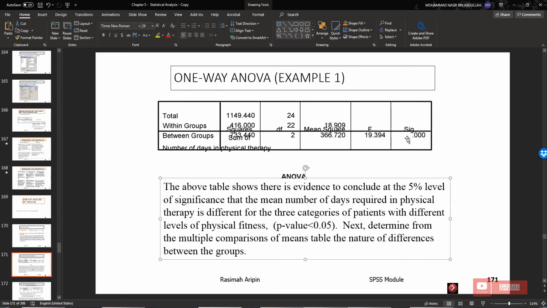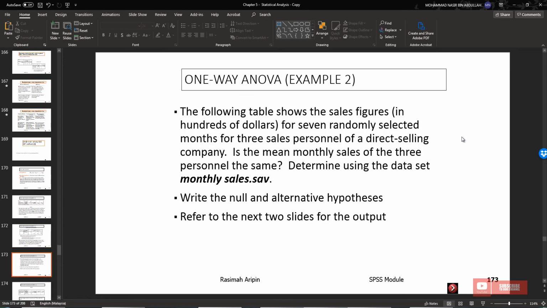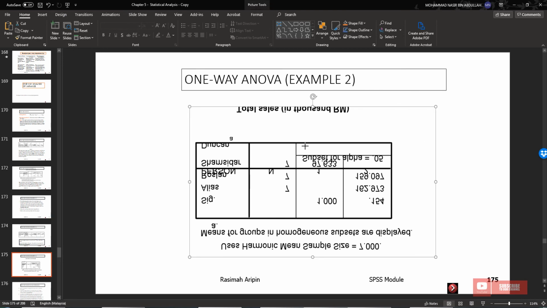If the p-value is less than 0.05, we're going to reject the null hypothesis, which indicates that there is a significant difference, at least one group is significantly different. So once we know there is a significant difference, then we need to do a post-hoc test. So this is an example of a post-hoc test.